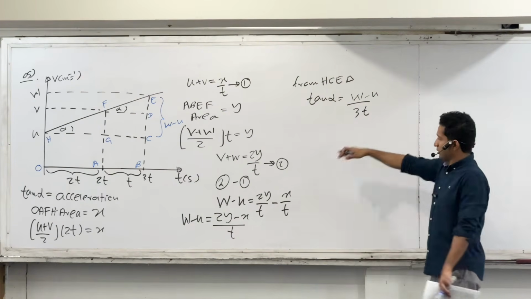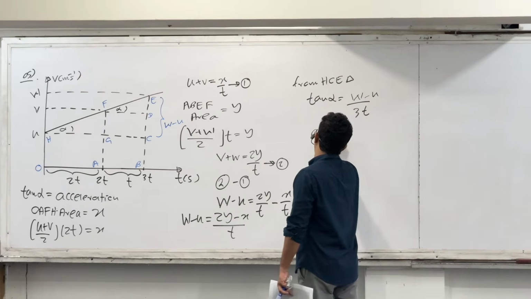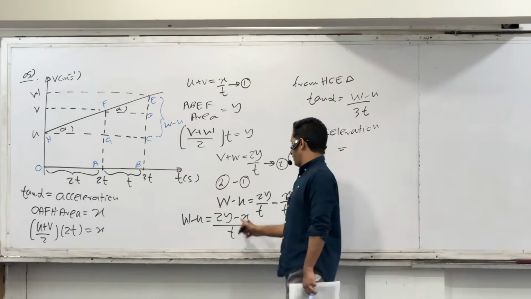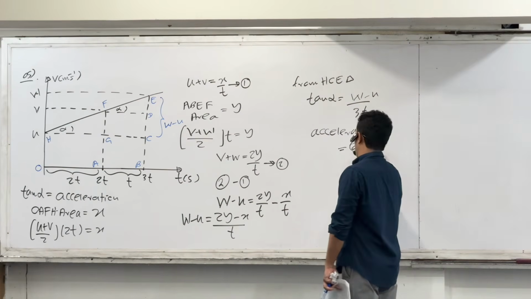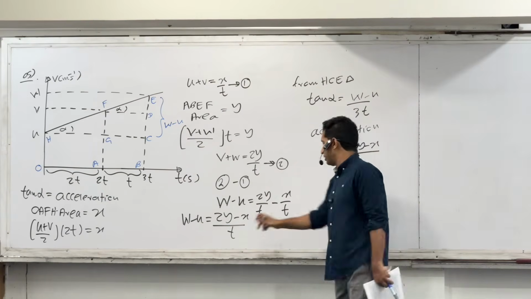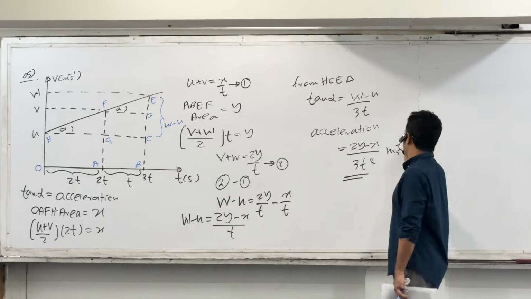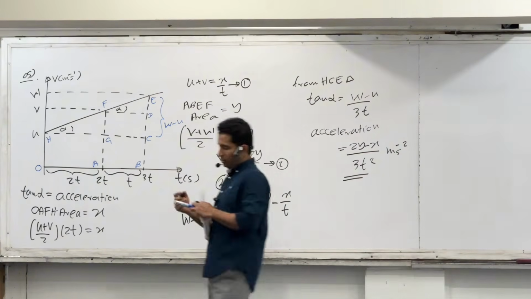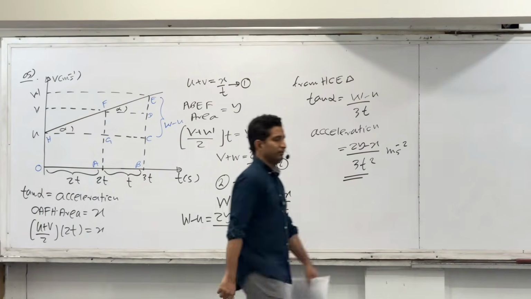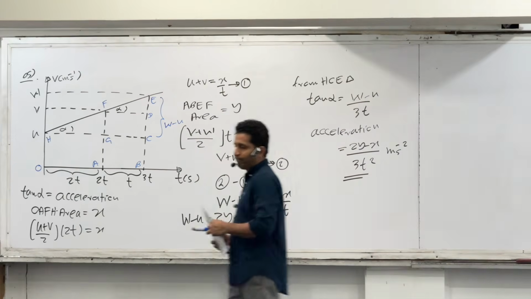Substituting the result for w minus u, the acceleration equals 2y minus x divided by 3t, and with the t already there, 3t squared, in m s minus 2. This is how the answer comes. Okay, question number 5 is done.